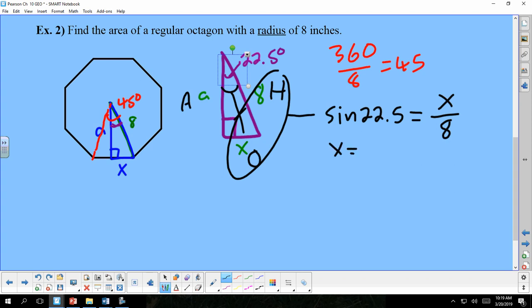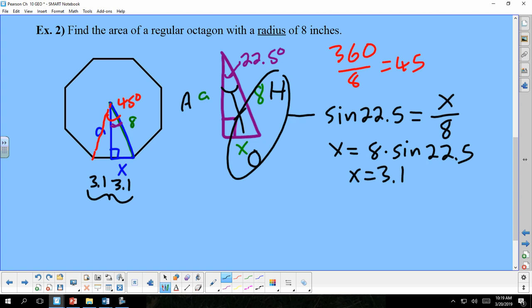So x equals 8 times sine 22.5, and we get x equals 3.1. It's important to remember that that 3.1 is only half of our side. So our full side is 3.1 plus 3.1, or 6.2.